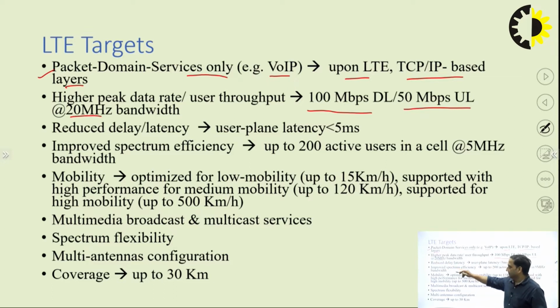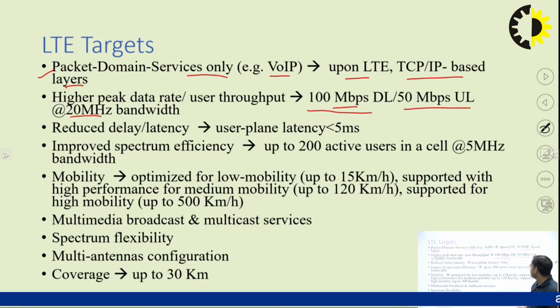As we are a little aware, there are scalable bandwidths in the LTE system. When we have the maximum bandwidth of 20 megahertz, we expect the highest peak data rate of 100 Mbps and a throughput of 50 Mbps.